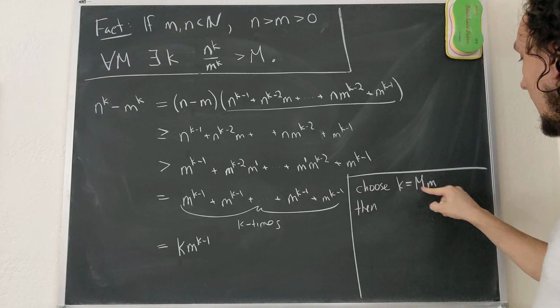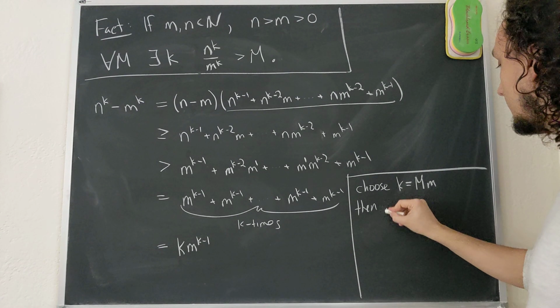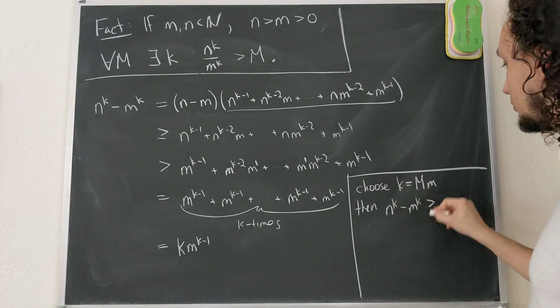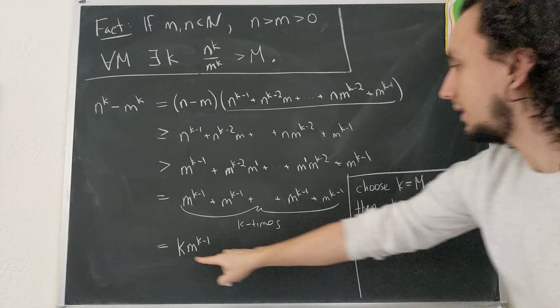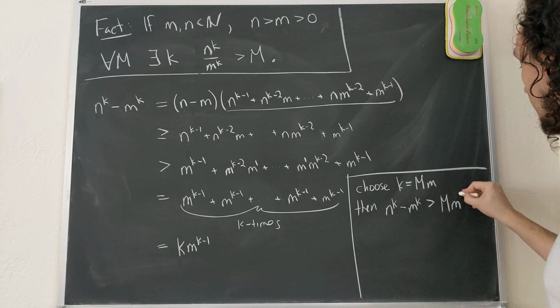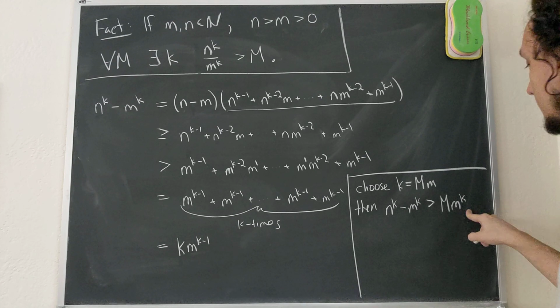Well, if k equals capital M times little m, then what we've figured out over here tells us that n to the k minus m to the k is strictly greater than k times m to the k minus 1, which is M times m to the k. This m multiplies by this m to the k minus 1 to give me m to the k.